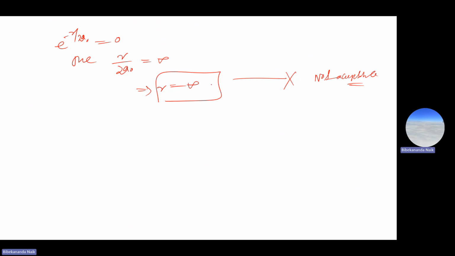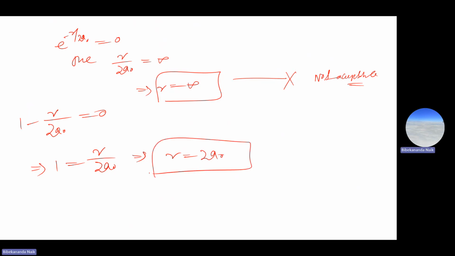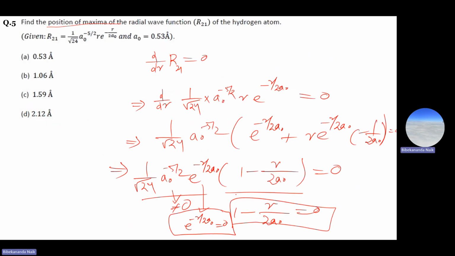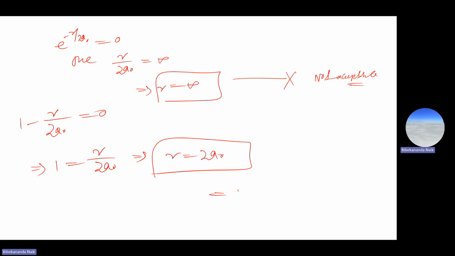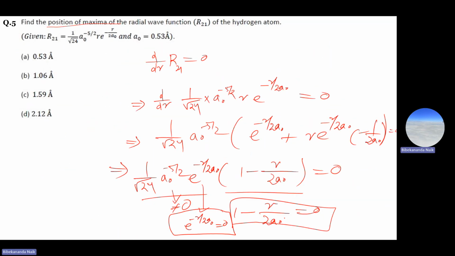Then the remaining option is 1 minus r by 2a0 equals 0, so 1 equals r by 2a0, which gives r equals 2a0. The value of a0 as given in the question is 0.53 angstrom, so it will be 2 into 0.53 angstrom, which is 1.06 angstrom. This is the correct option.